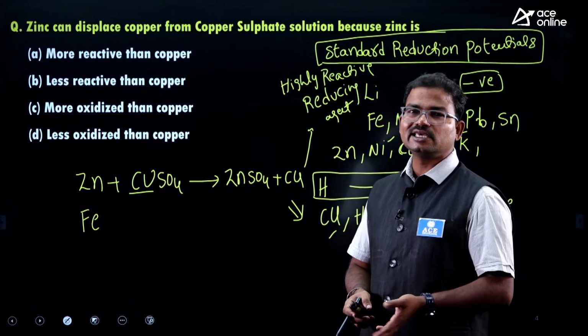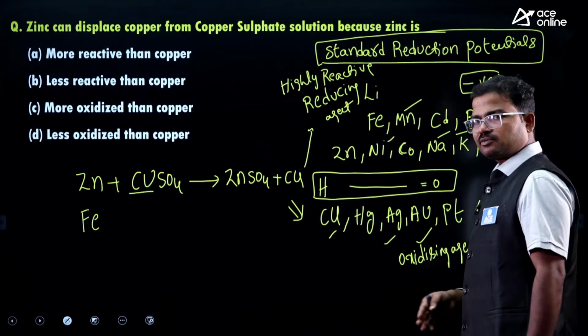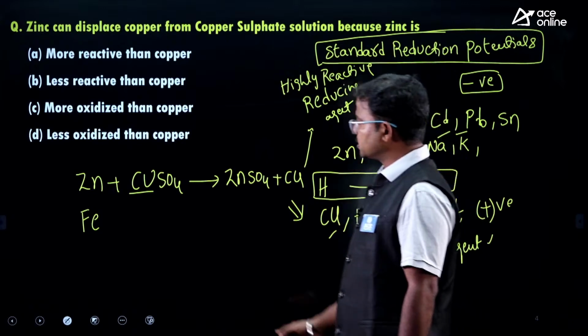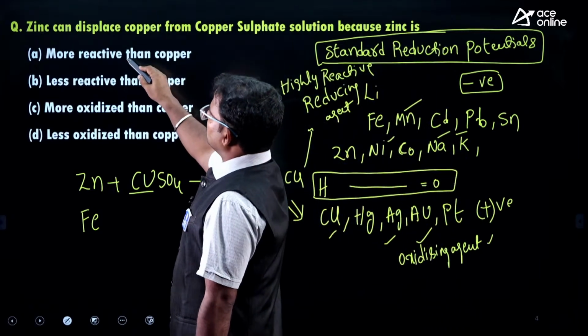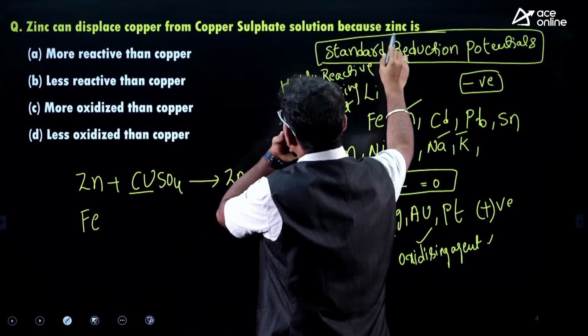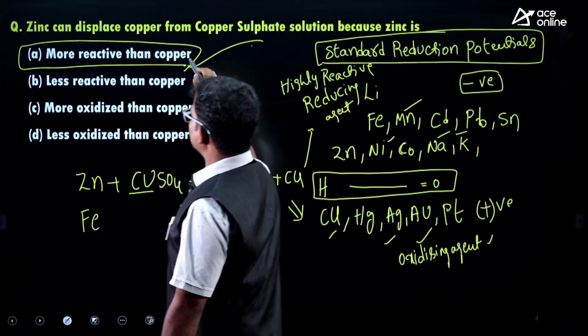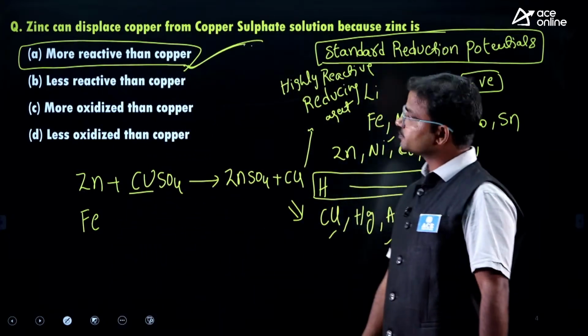That's why they can easily replace the others, next silver, whatever it is. So that's why, guys, here the correct option is zinc can displace copper from copper sulfate solution because zinc is more reactive than copper. Option A is the right answer.